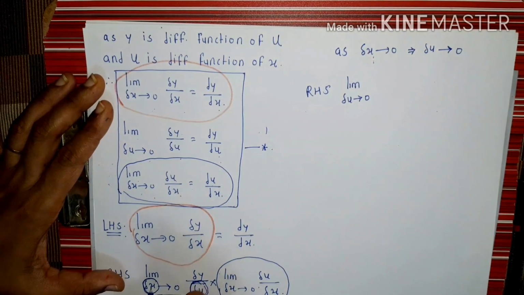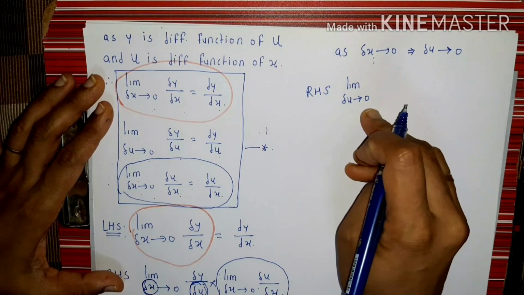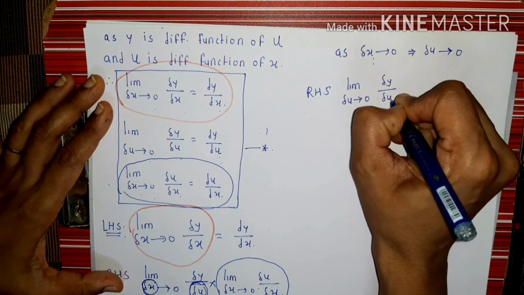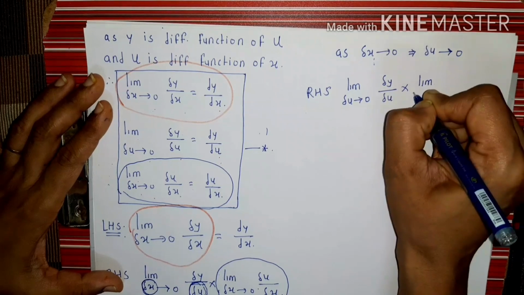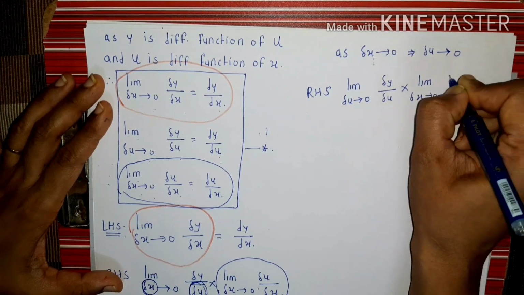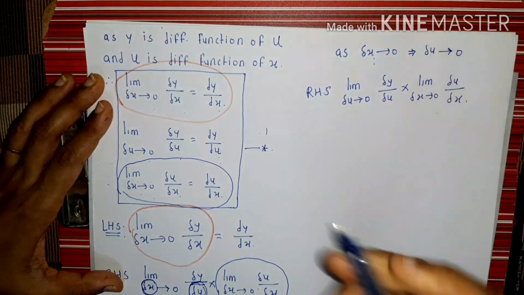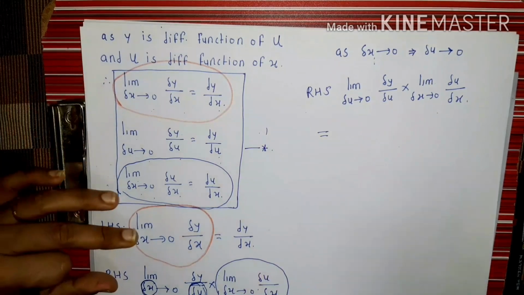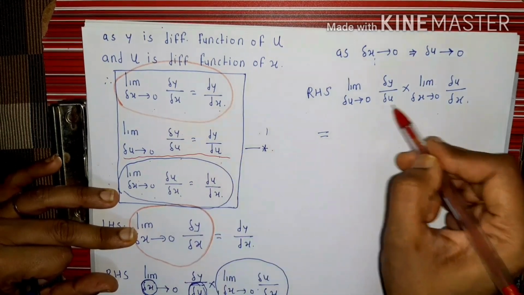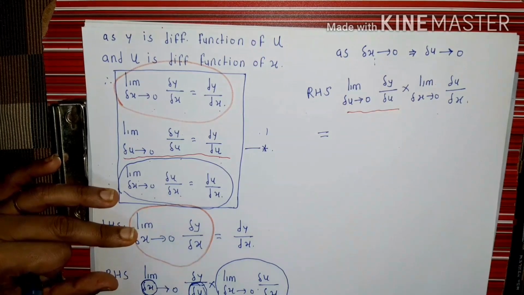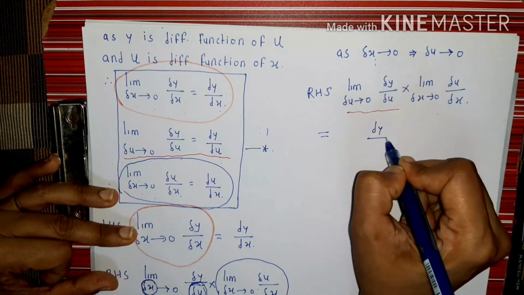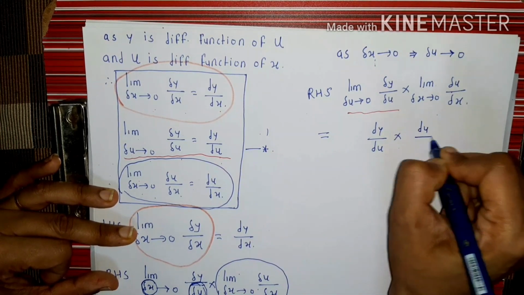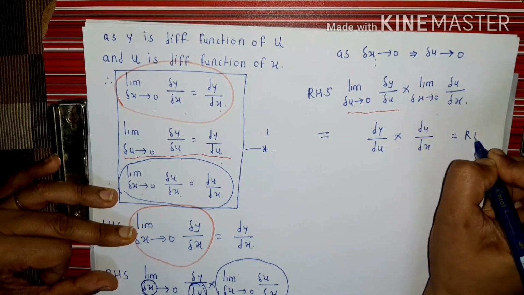Instead of delta x, we write delta u tends to 0. This is equal to delta y upon delta u into limit delta x tends to 0, delta u upon delta x. Now by the definition, we can write the value: this is equal to dy by du, and into the value of this, du by dx, and this is equal to the RHS.